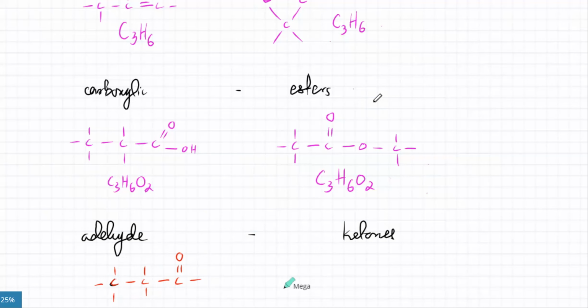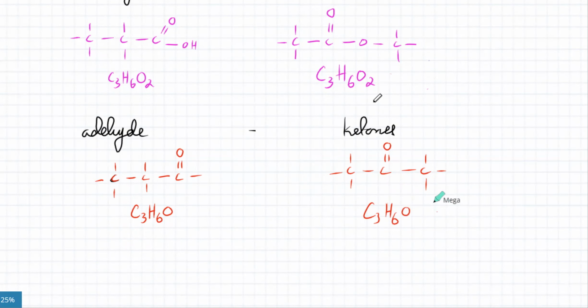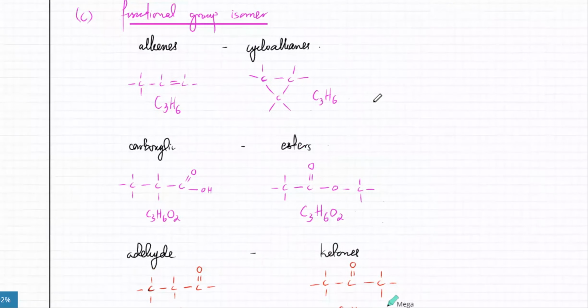In a ketone, it's a different functional group, but the C double bond O is in the middle of the chain. So they're 2 different functional groups, but they're isomers of each other. So that's C3H6O, and this one is C3H6O. So they're both isomers of each other. So that's functional group isomers.